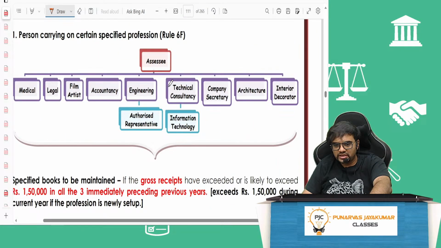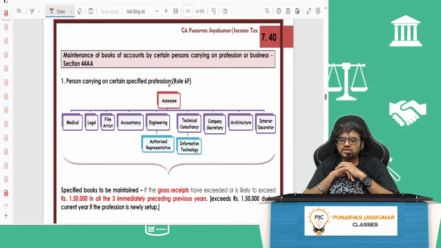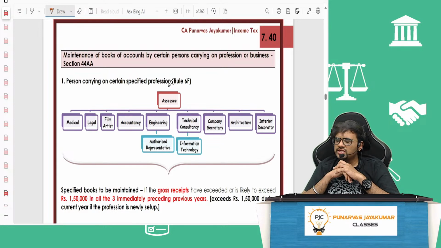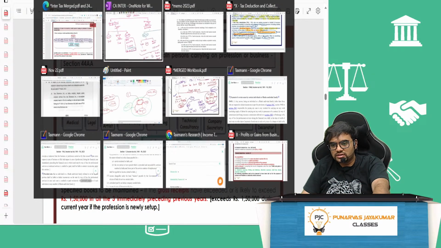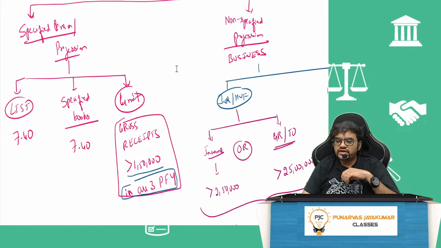Medical, legal, film artist, accountancy, engineering, technical consultancy, company secretary, interior designer, architecture, all these people are the specified persons maintaining specified books.